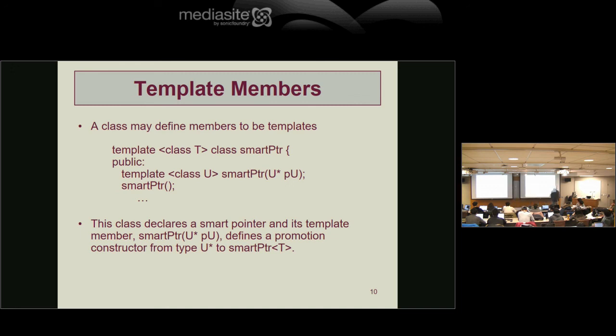Do you do this all the time? No. But in the little tiny demo I did, I think it was either the first or second one, I don't remember which, last Friday, I had a query class that had a template select member.